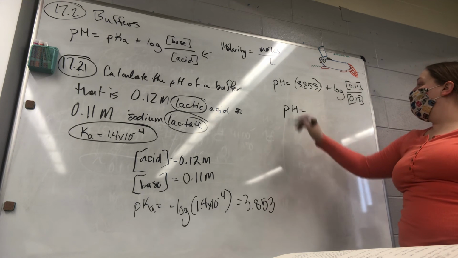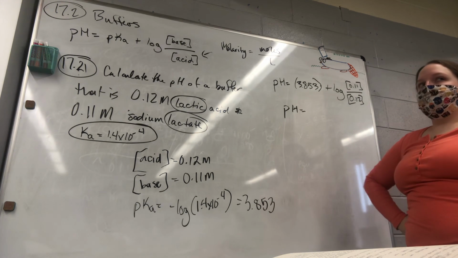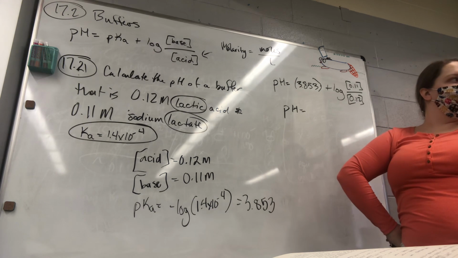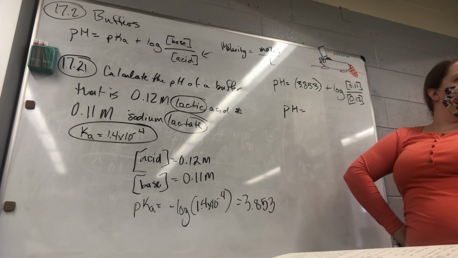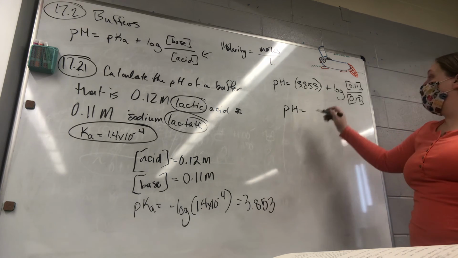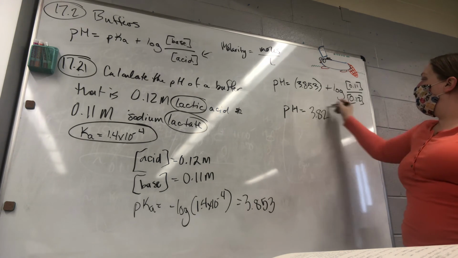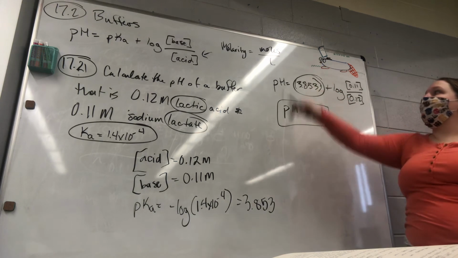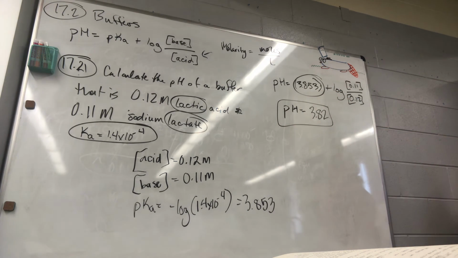Hold on, I'm redoing it real quick. Shelby? 3.815. Remember, a buffer, boys and girls, is supposed to stay within 1 point of the pKa.